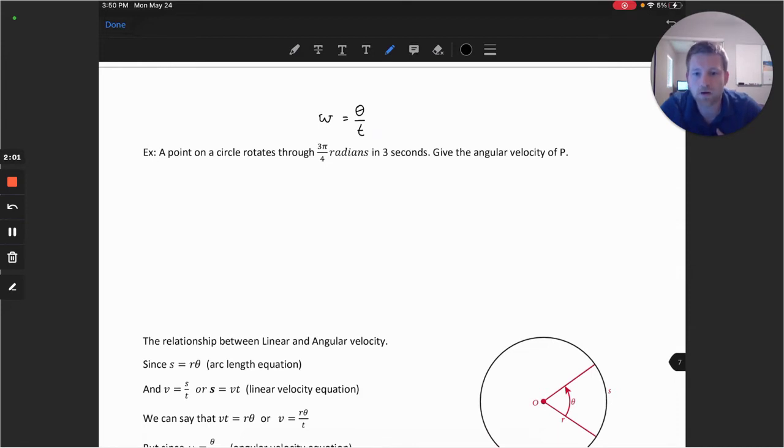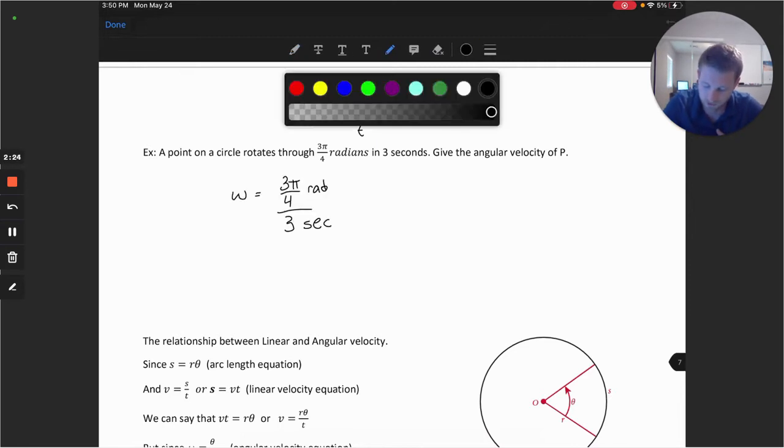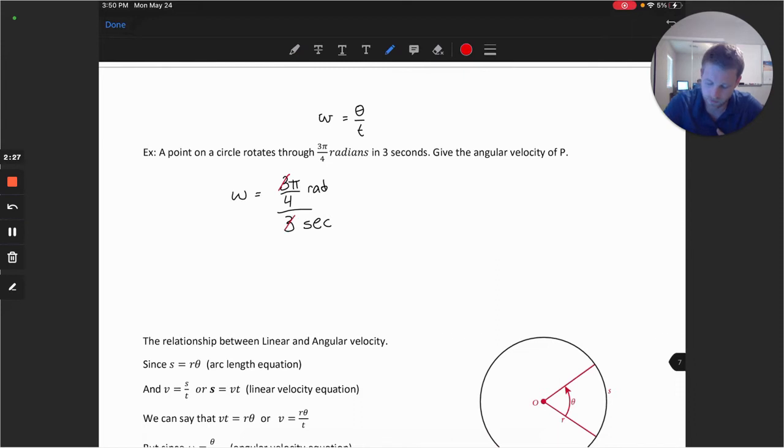And so in this case, our omega is just going to be the angle that we travel, that's 3 pi over 4 radians divided by 3 seconds. And so here, if I divide by 3 seconds, there are some threes that I can cancel in my calculation. And so we'll be left with just pi fourths radians per second.